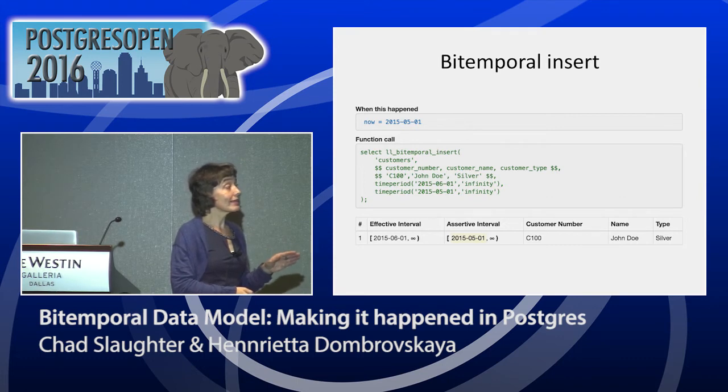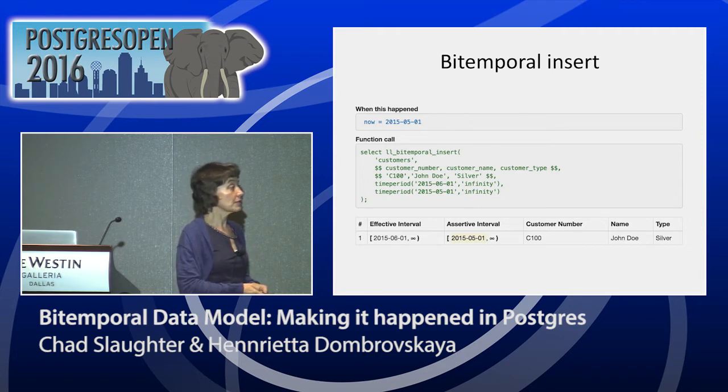Those are just illustrations of how you can execute the operations which we reviewed in the beginning of the presentation with our functions. For bitemporal insert, which was inserting this data, we call the function bitemporal insert.